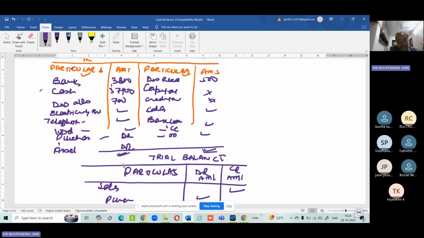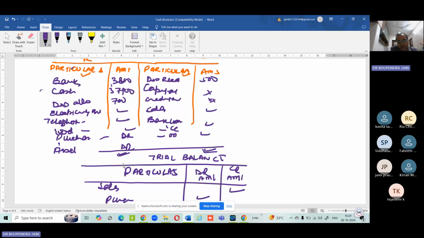Suppose your total does not match, then we have to check what type of error has occurred at the time of preparation of the trial balance. So there are a total of 5 types of errors, and this is the most important question from the theory point of view also, because one multiple choice question is 100% possible in this chapter. Different types of trial balance errors: error of omission, error of commission, error of principle, error of mismatching, and compensating error.